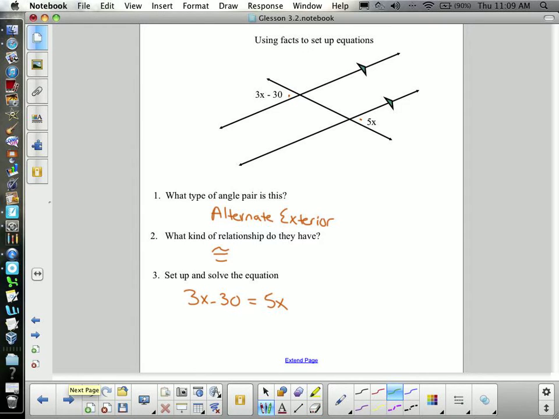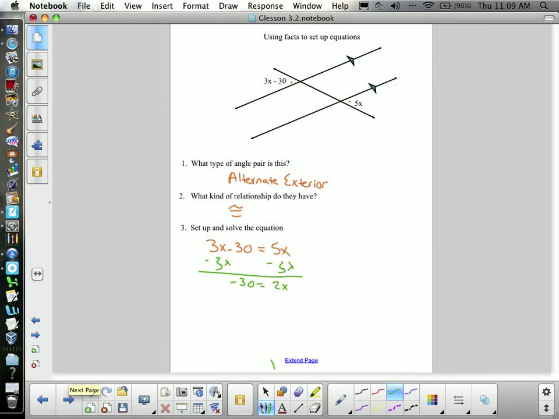What am I going to do to both sides to start with? Minus 3x. Sorry, it's going to be 2x when I'm done. So I get negative 30 equals 2x. So x is negative 15.